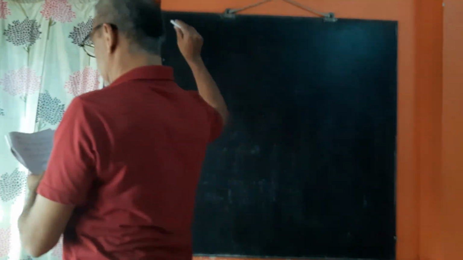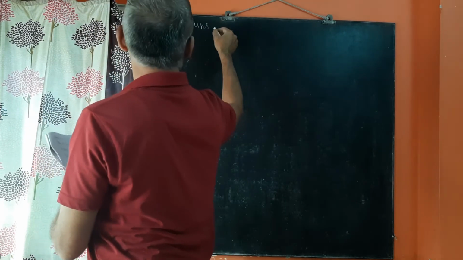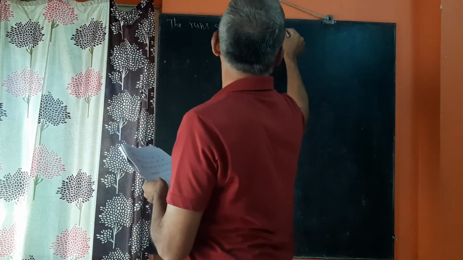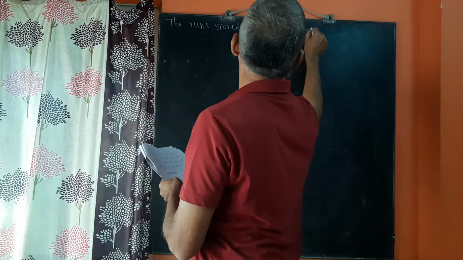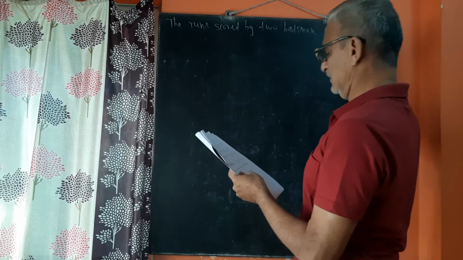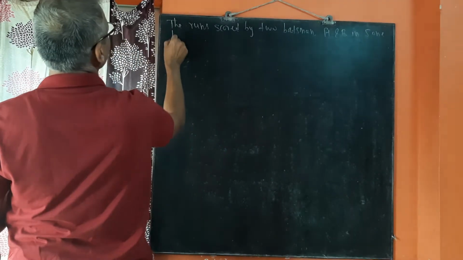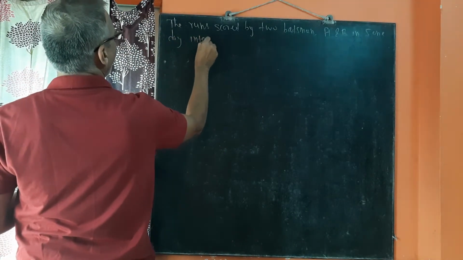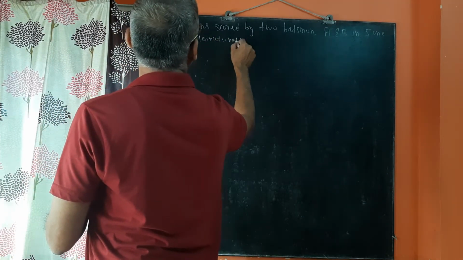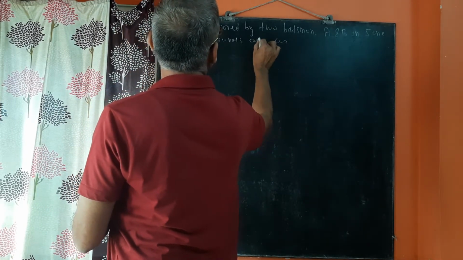The problem is: the runs scored by two batsmen, A and B, in 5 one-day internationals are as follows.